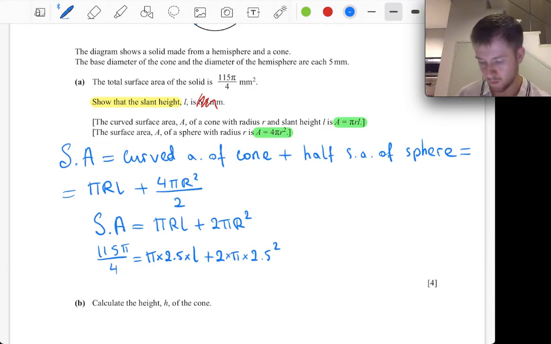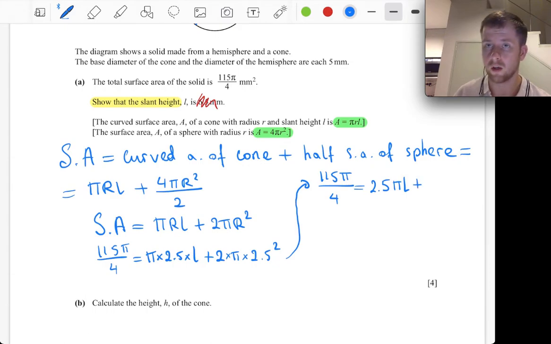So first of all, 2.5 squared, that's 6.25. So I'll just continue with this here. I'm gonna have 115 pi over 4 equals 2.5 pi L plus 6.25, so 12.5 pi.